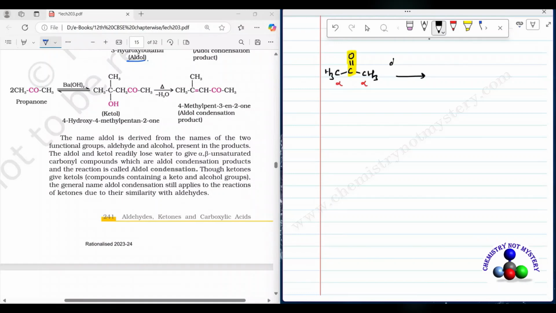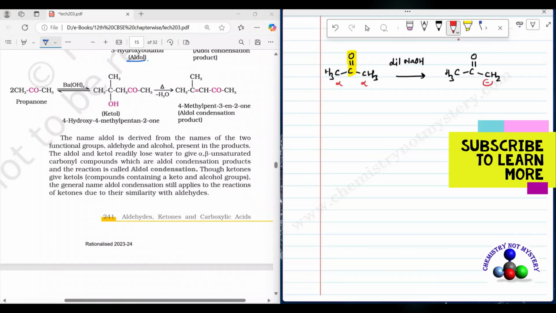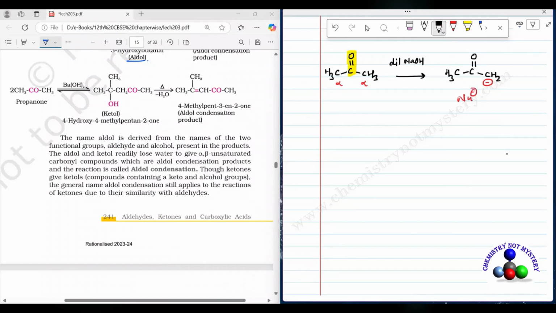When it reacts with dilute alkali, dilute alkali can remove either of the alpha hydrogens. So here you will get CH3, C double bond O, CH2, and the negative charge will develop at this alpha carbon. Now this molecule will act as a nucleophile, and the other molecule of ketone will act as an electrophile.